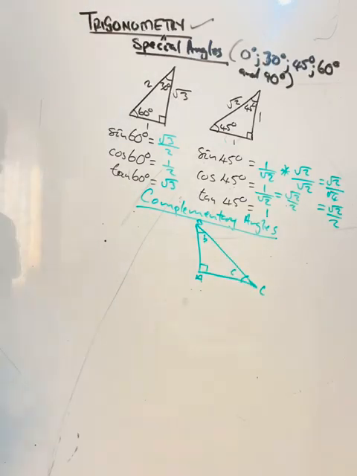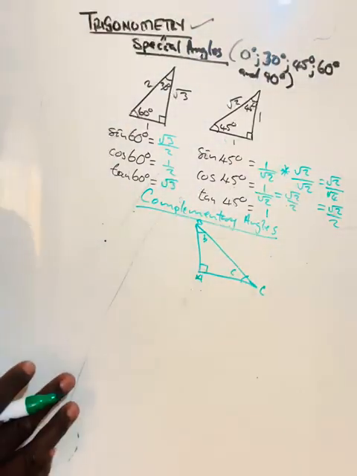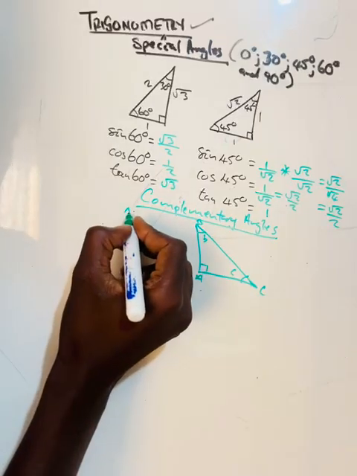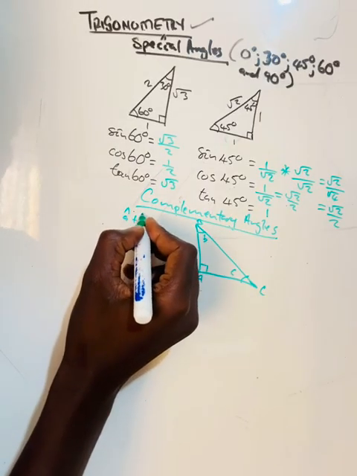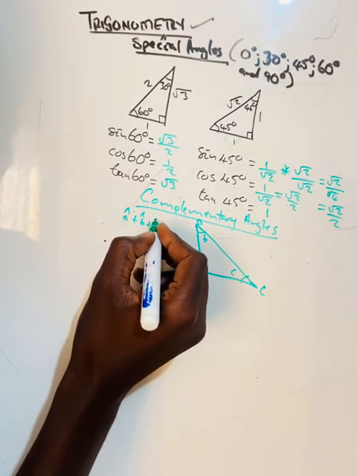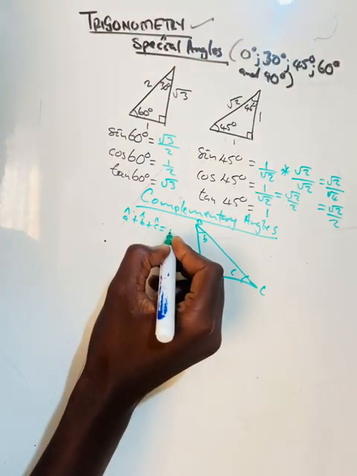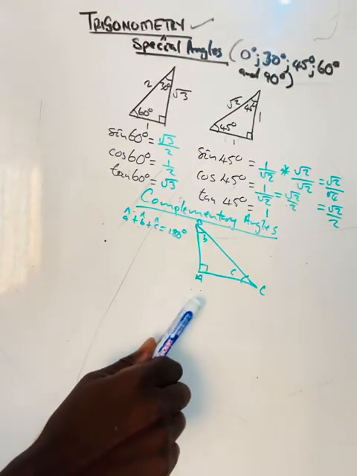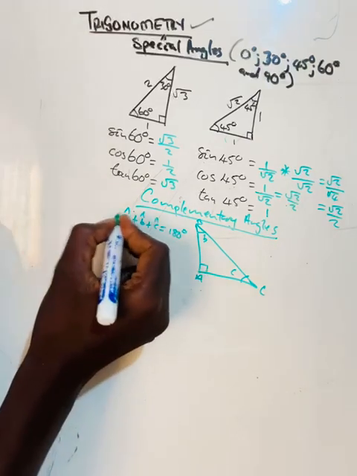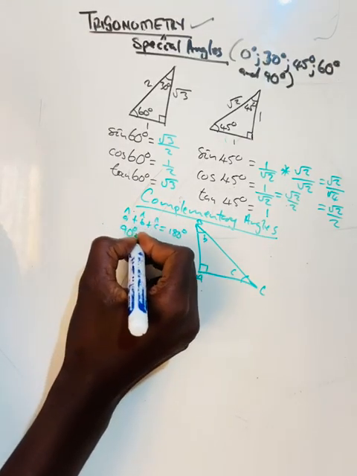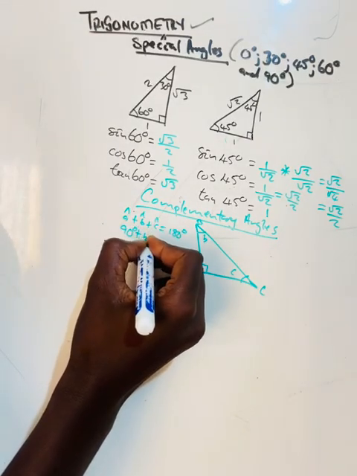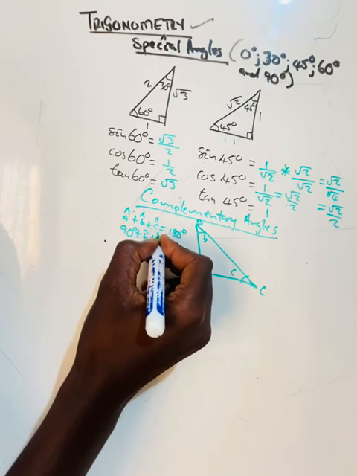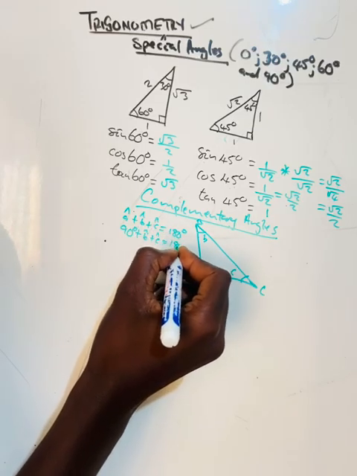So, I'm going to write a mathematical fact here, that angle A plus angle B plus angle C is equal to 180 degrees. But I know that angle A is equal to 90 degrees. So I substitute A and I place 90 degrees plus angle B plus angle C is equal to 180 degrees.